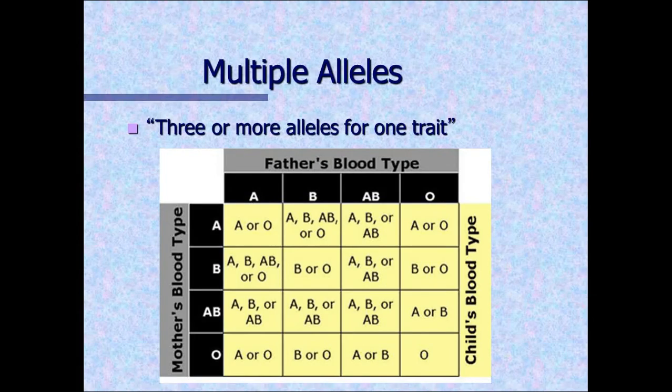Not all traits have two alleles, just a dominant or a recessive. Some have 3 or more, and one of those is blood type. Humans have 3 alleles for blood type, A, B, or O. A and B are both dominant, O is recessive.